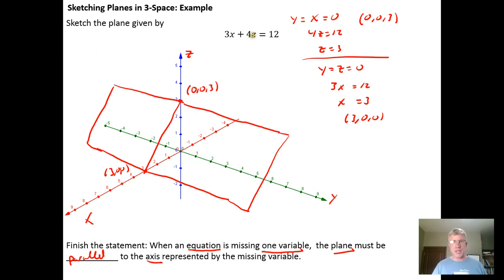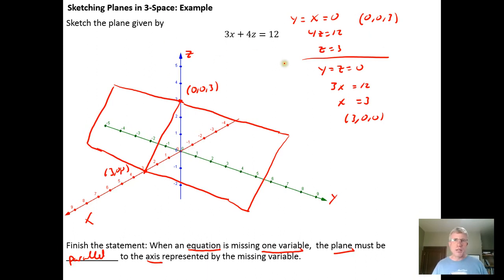If we had x and y, then we would wind up with a graphical representation that would need to be drawn parallel to the z-axis. If the y and z variables were there and the x variable were missing, we'd wind up with a plane that would be drawn parallel to the x-axis.